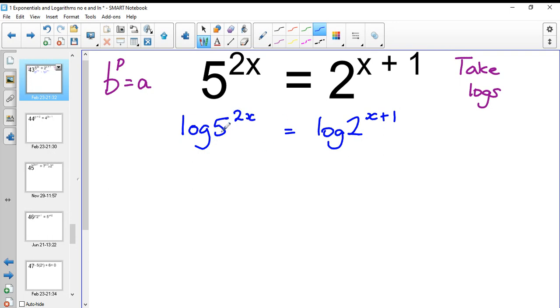The reason why we take logs is because now we can use law 3 of logs to bring those indices down to the front. So that is the same as 2x log 5, and that's the same as x plus 1 lots of log 2.